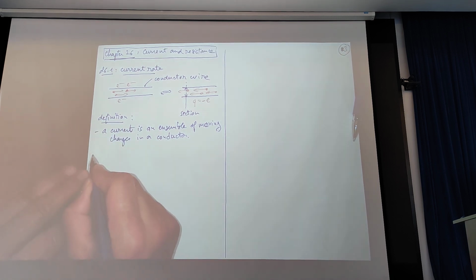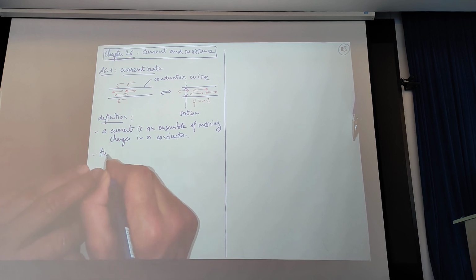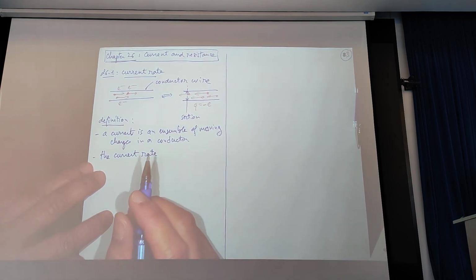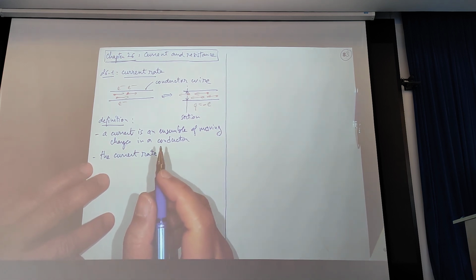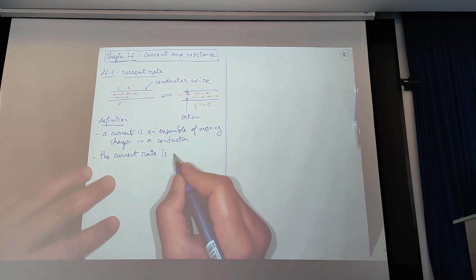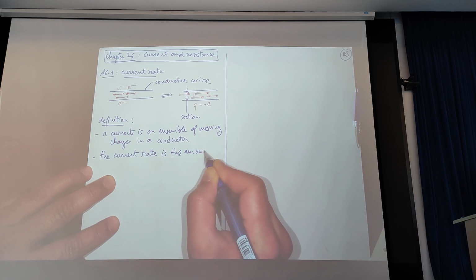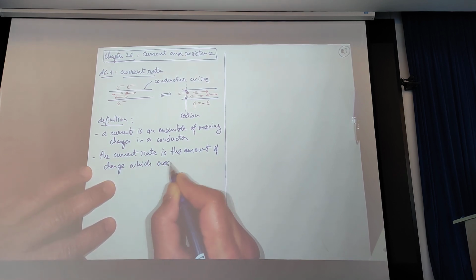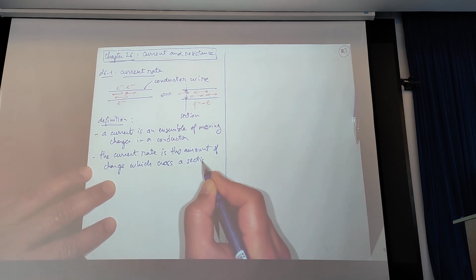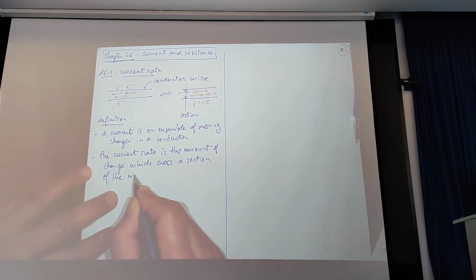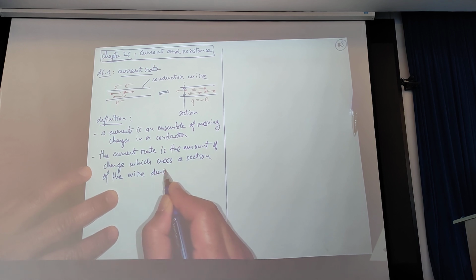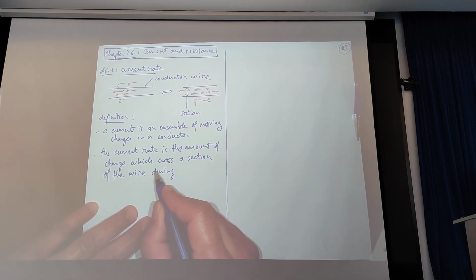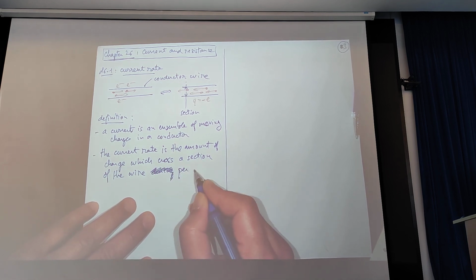The current rate, by definition, is the amount of charge which crosses a section of the conductor wire during a time, the amount of charge dq during a time dt, per unit time.